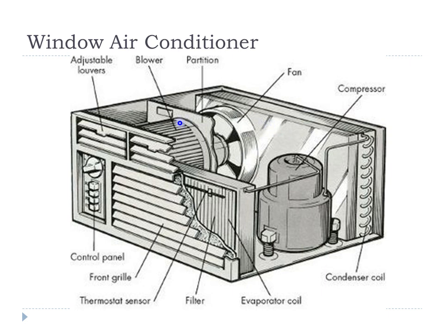The space which is kept inside the room contains a blower, adjustable louvers, control panel, front grill, and a thermostat sensor is also there. We have a filter which is adjusted over here on the evaporator coil, and on the outer part of this compartment we see there is a fan used to blow air over the condenser coils.